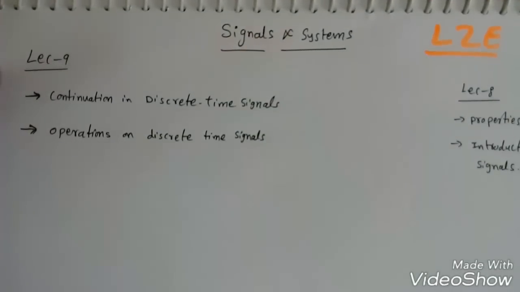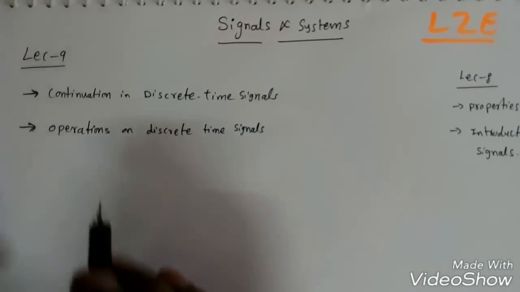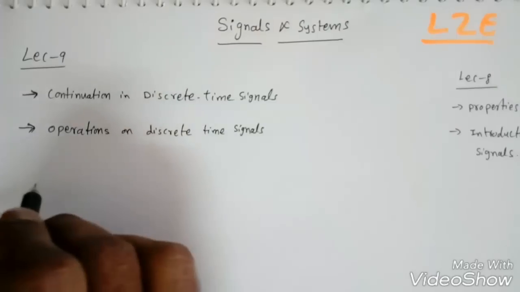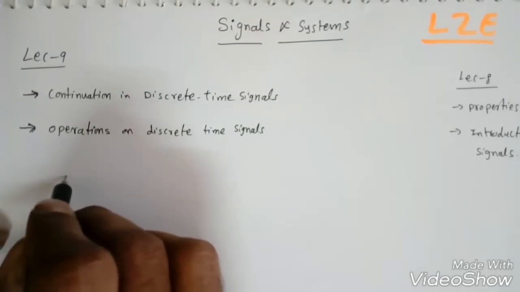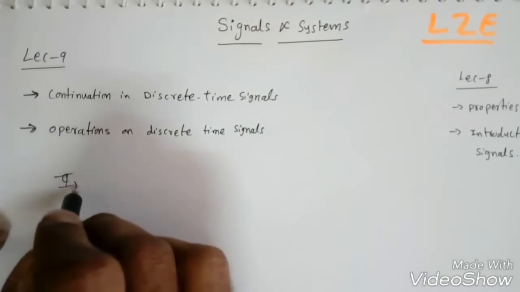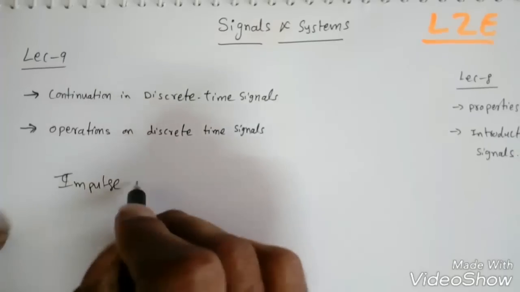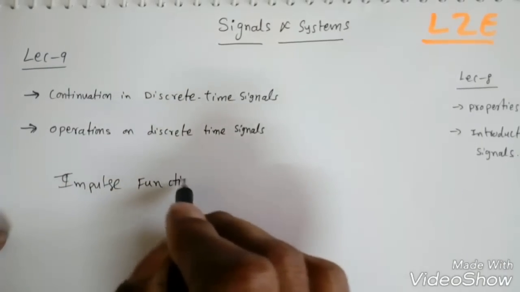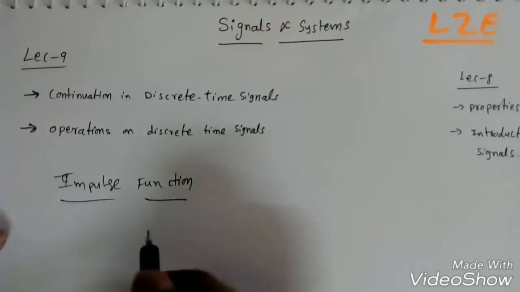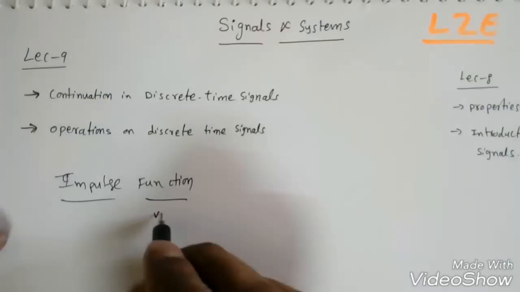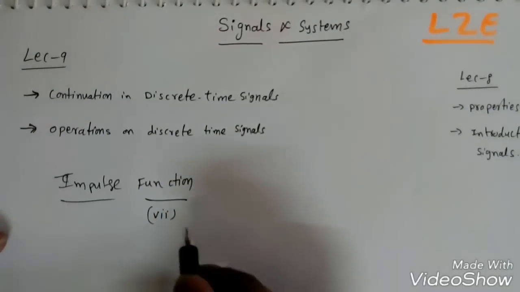discrete time signals. Now before continuing this, I introduce one more property of the continuous impulse function. One more property, that is I think the seventh one, the last one.